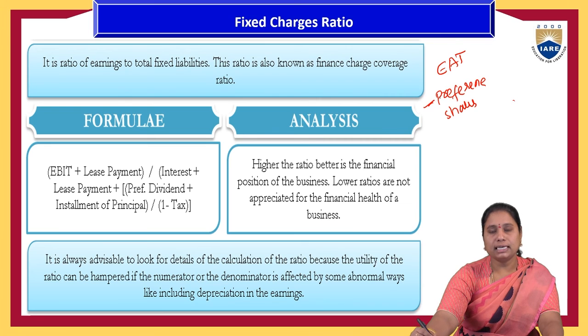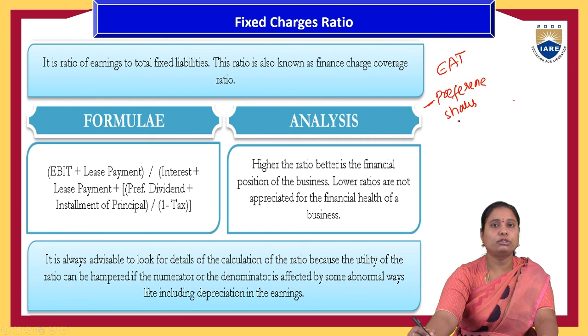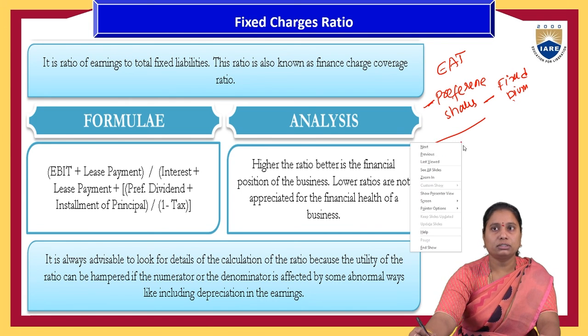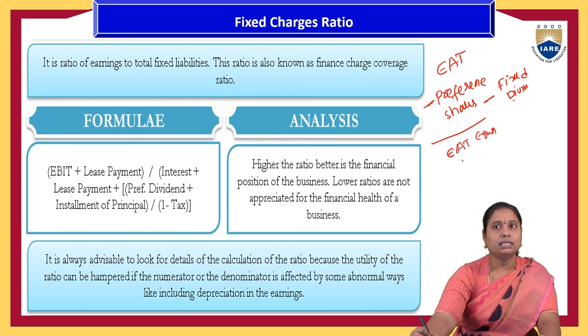For your better understanding, please watch the previous videos on capital budgeting and capital structures. The preference shareholders will be paid the fixed dividend. Then the remaining is called earnings for the equity shareholders, that is earnings after tax for equity shareholders.